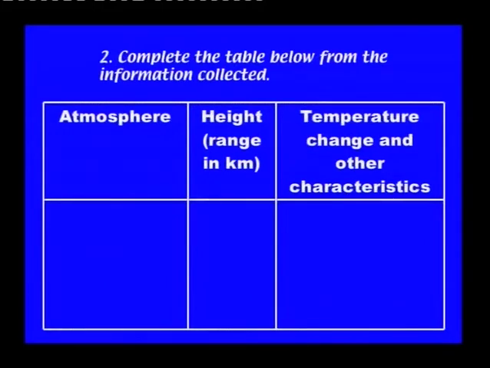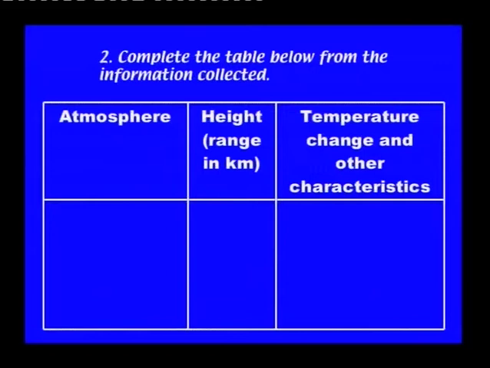In the first column, you are going to put down the 3 zones of the atmosphere. The 3 zones are the Troposphere, the second zone is the Stratosphere, and the third zone is the Ionosphere. In the second column, you are going to put the height range in kilometers.